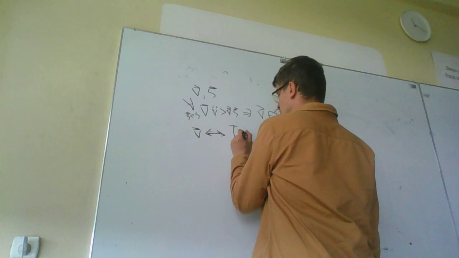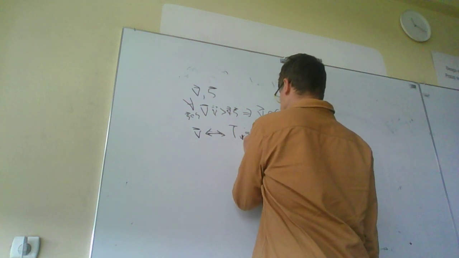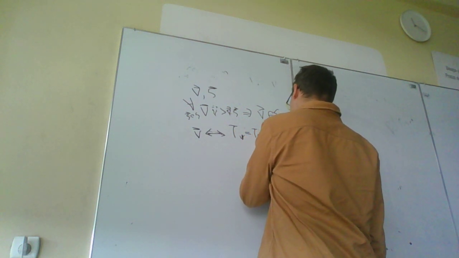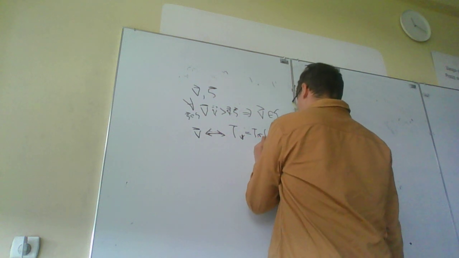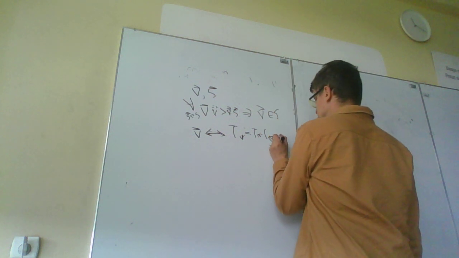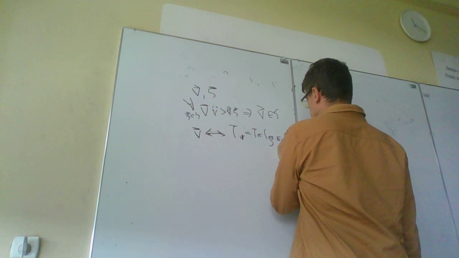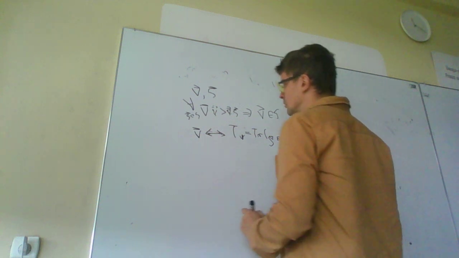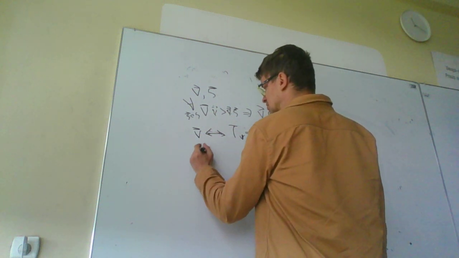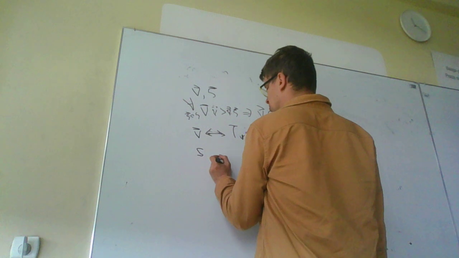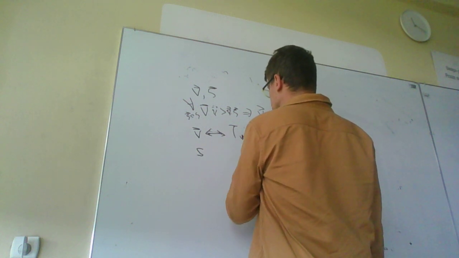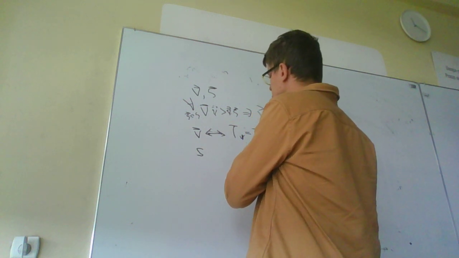So T_ij equals trace rho sigma_i sigma_j. Okay, and S would be any separable state, any tensor product of a separable state.